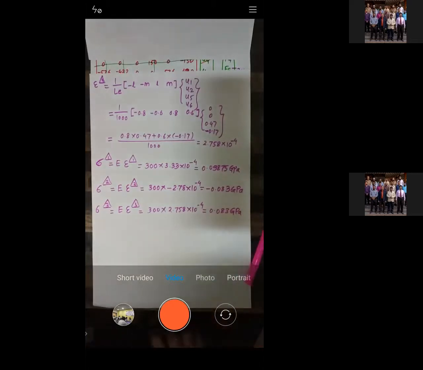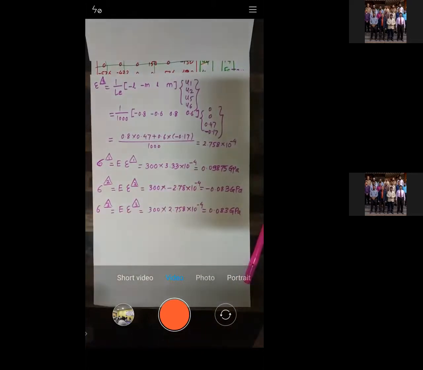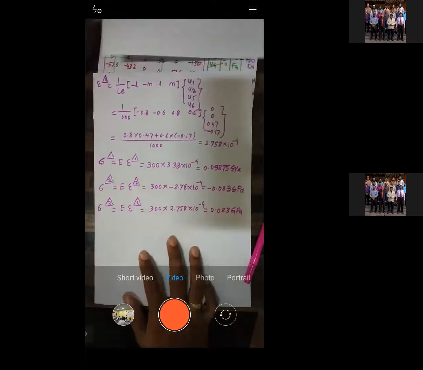Is that okay? Is that okay or not? Let me know. Have you understood this? Is it okay with this session?